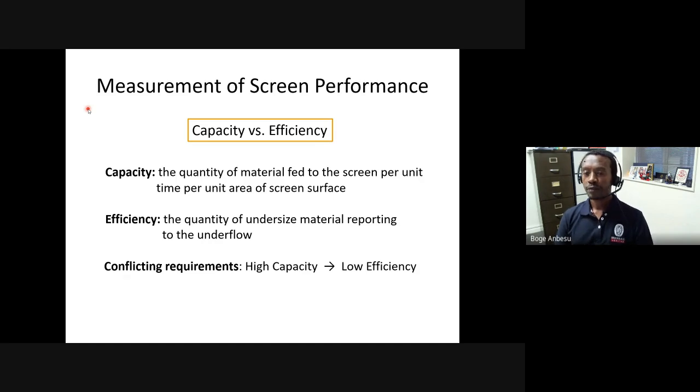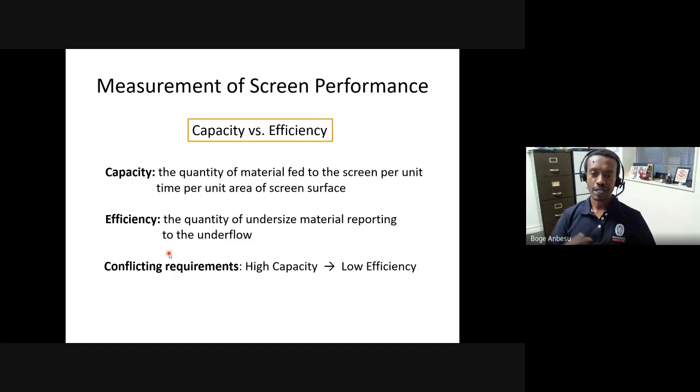So one of the issues when we do screening, as I said, is that if you don't operate your screen correctly, usually they blind quickly and the efficiency of a screen drops significantly. And that is usually an issue. People have been trying to find a way of measuring screen efficiency.